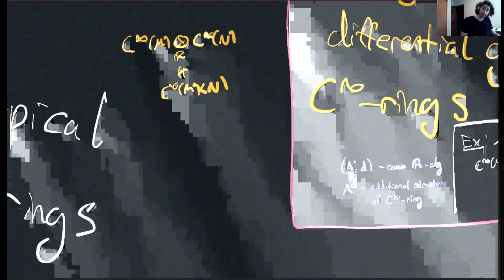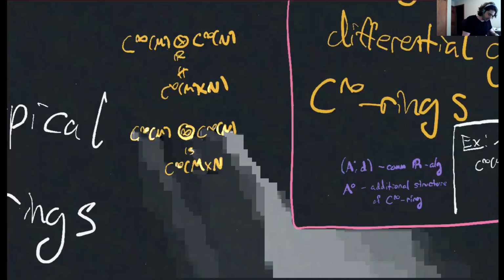There is a coproduct, and you can write it like this, and this is equivalent to this. It's somehow like the C infinity completion of the ordinary tensor product.